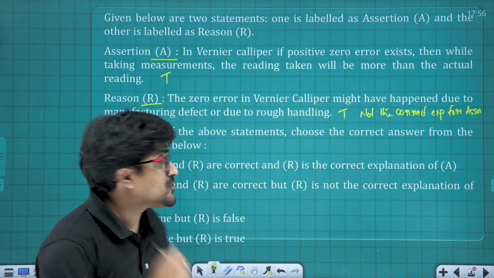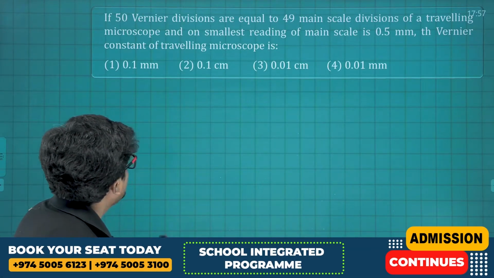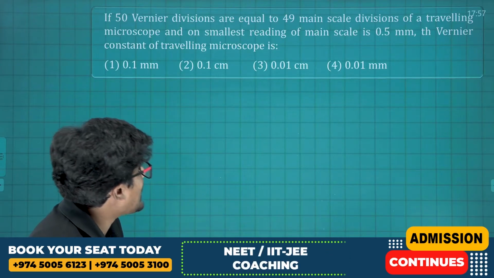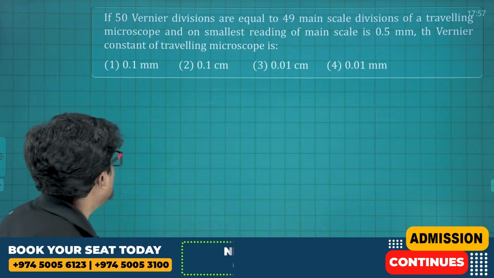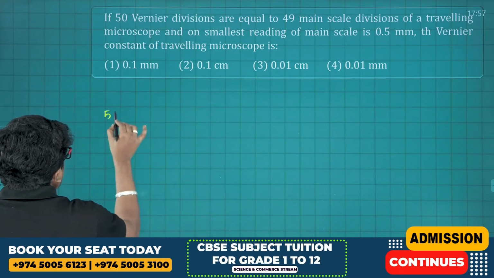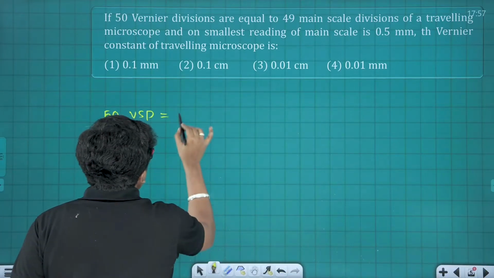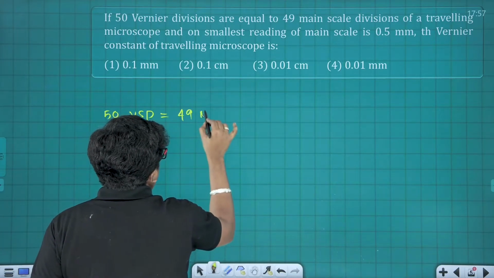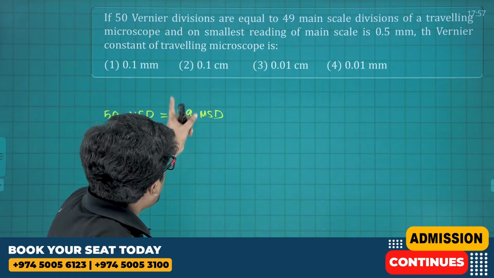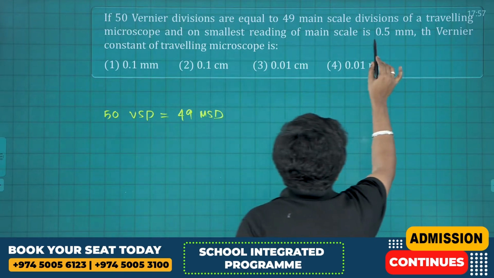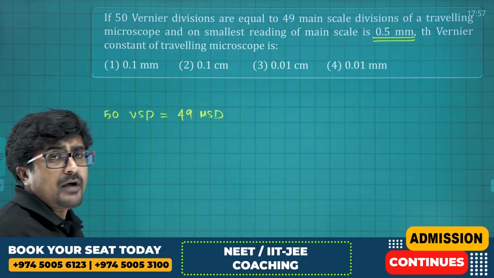Now let's move to the next question. The question says, if 50 vernier divisions are equal to 49 main scale divisions of a traveling microscope, and the smallest reading of main scale is 0.5 mm, the Vernier constant of the traveling microscope is.